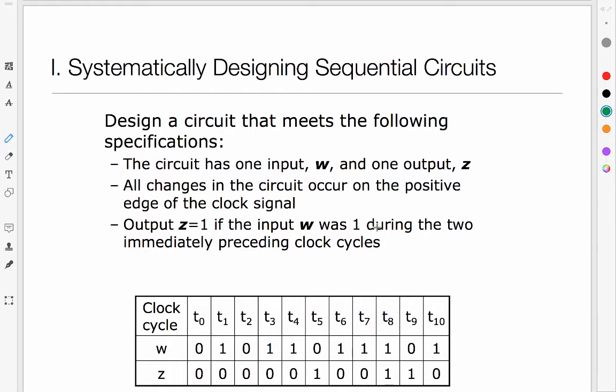This is actually, I think I had it in the lecture also, but so design a circuit which has one input W, one output Z. All changes in the circuit occur on positive edge of the clock signal. Essentially, basically saying that the flip-flop is positive edge triggered. Output Z equal to 1 if W was 1 during the 2 immediately preceding clock cycles.